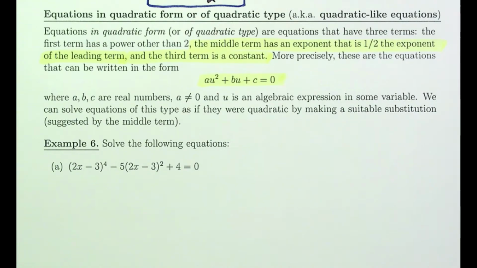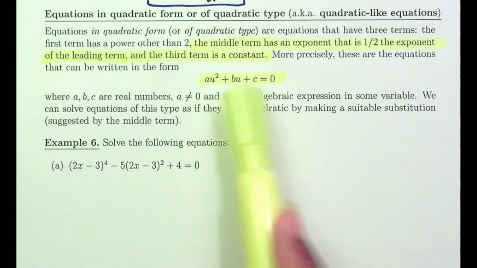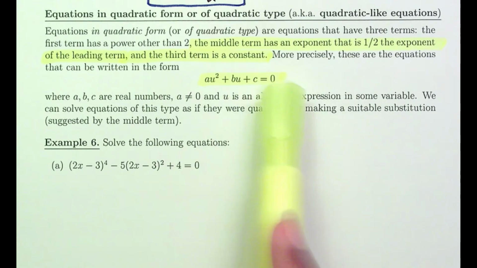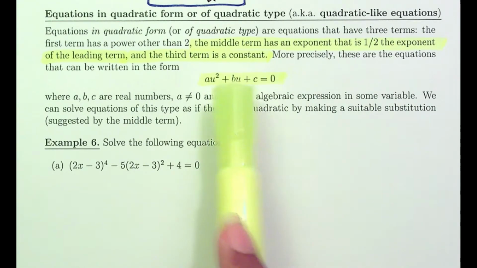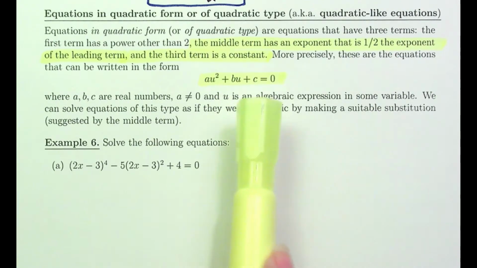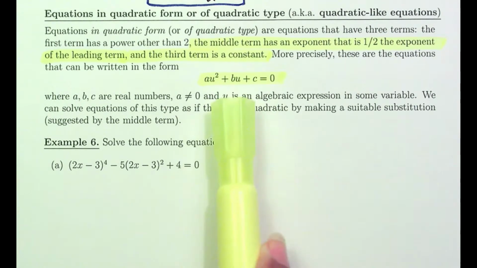And the u is going to be, once you put them in order and look at the middle term, whatever that middle term is, ignoring the coefficient.